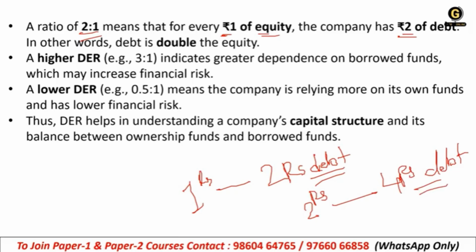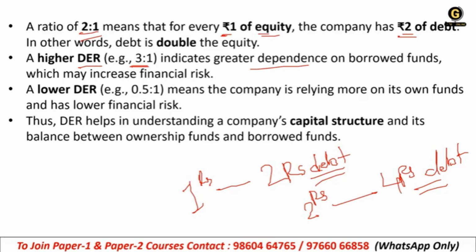Getting it? The higher the debt equity ratio, for example 3:1, indicates greater dependence on borrowed funds. That means the company is borrowing more funds and equity is less than that. That will push the company into risk.